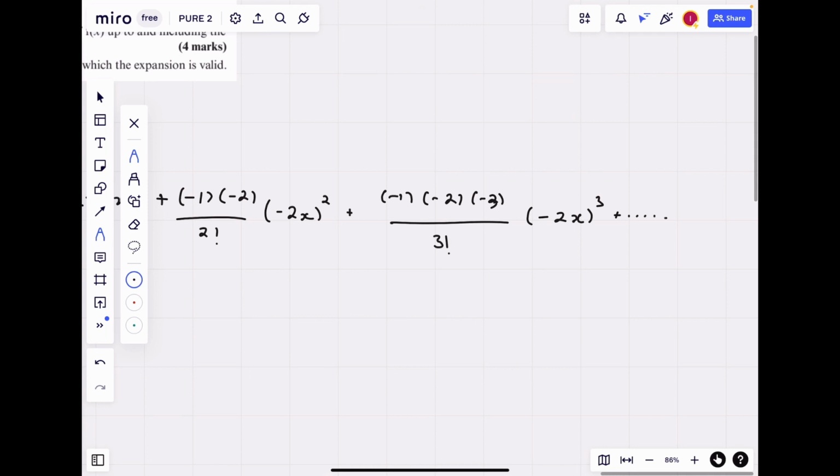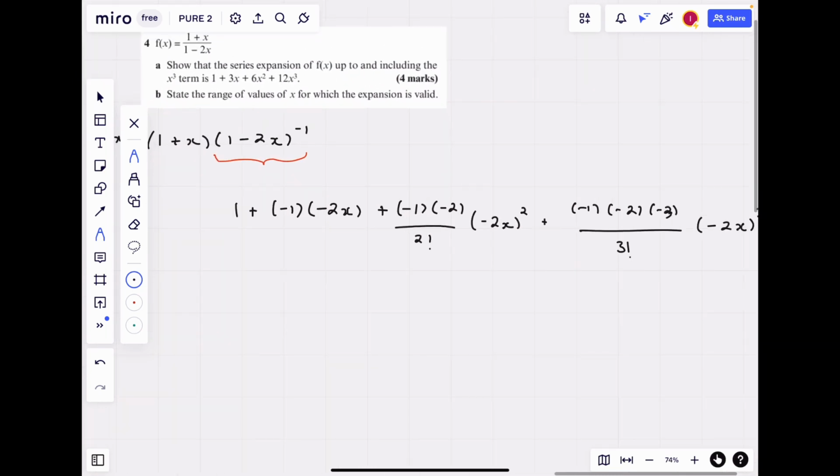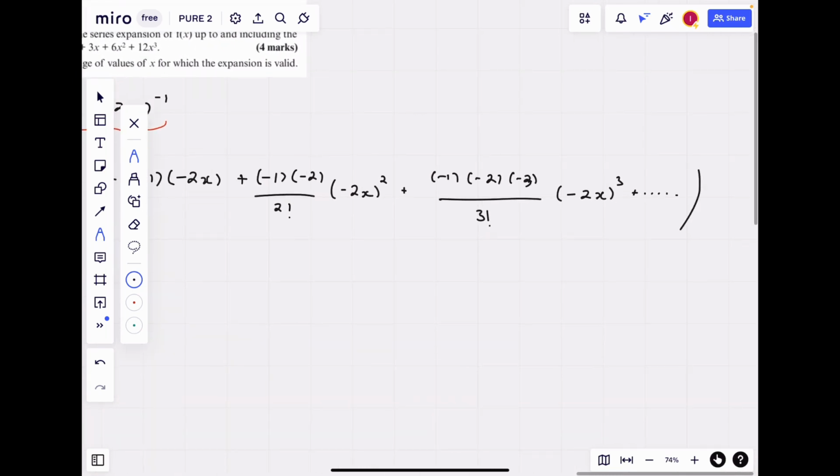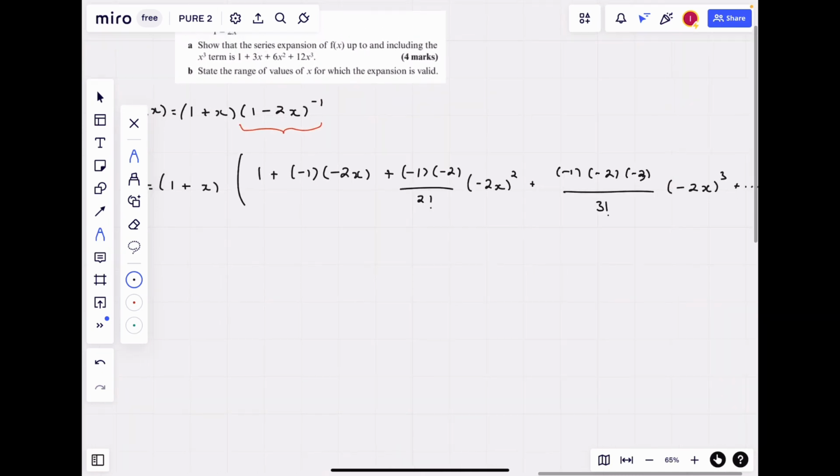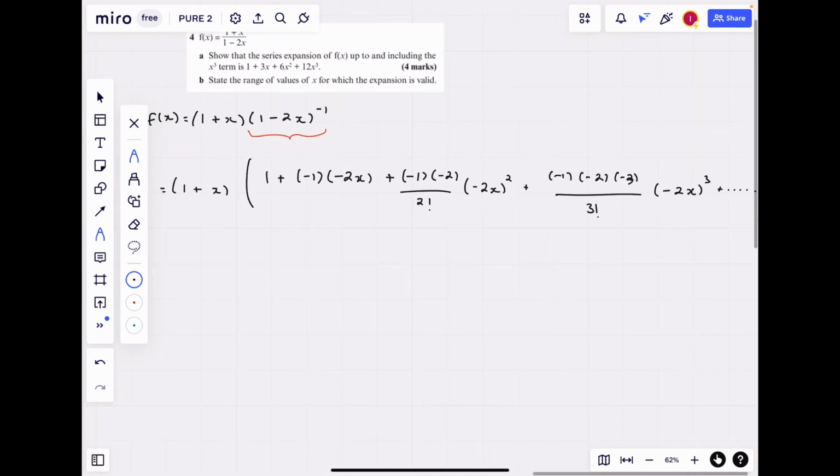The rest would just be blah, blah, blah. This all goes in one bracket. Then you're going to have 1 plus x outside like that. So I've applied the binomial only to one of my brackets.